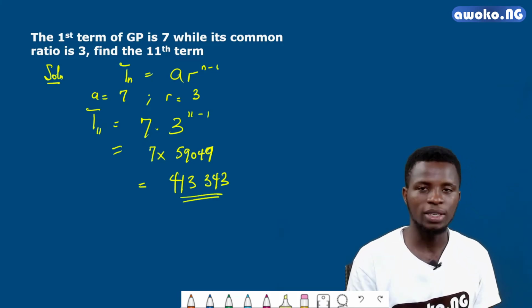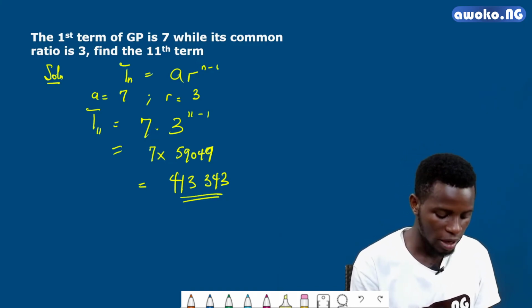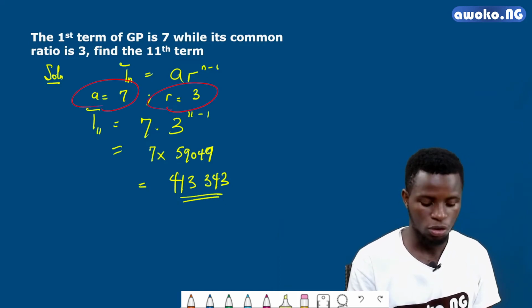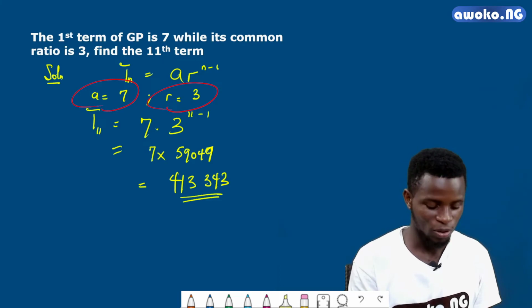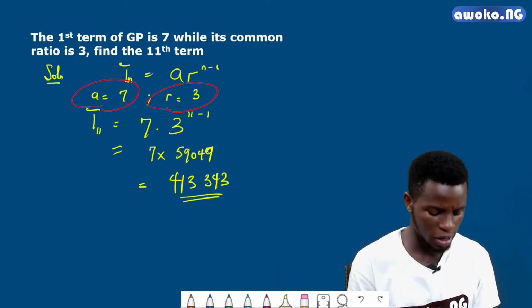So this is the 11th term of a progression with the first term equal to 7 and the common ratio equal to 3. This is the first application of the problems under the nth term of a GP.